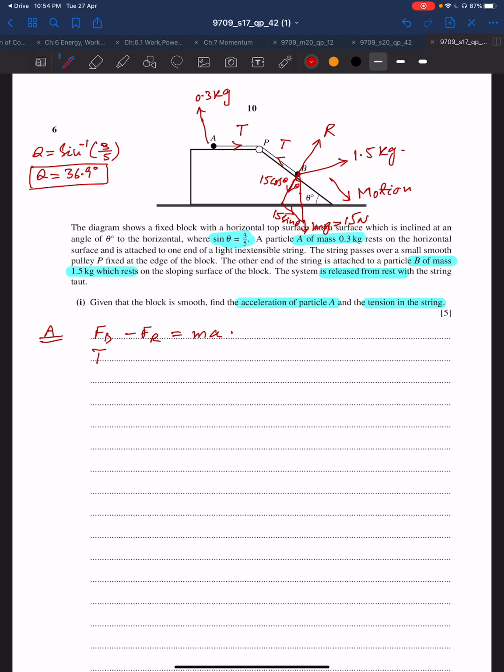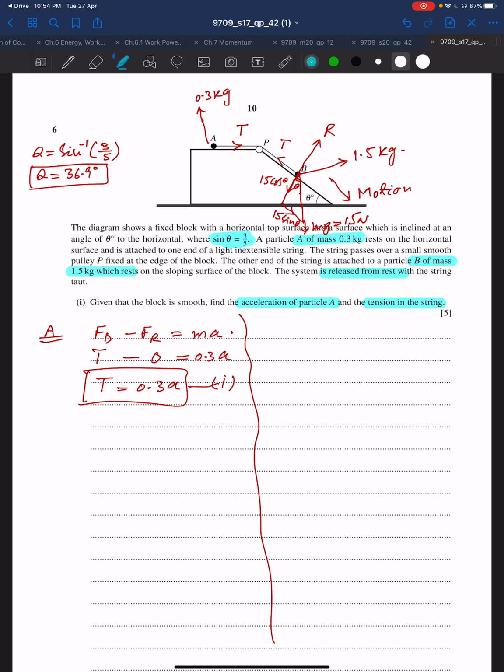Tension in the cable is the driving force, and there is no resistance force as the box is smooth. The mass is 0.3, so T is equal to 0.3A. So you got the first simultaneous equation.